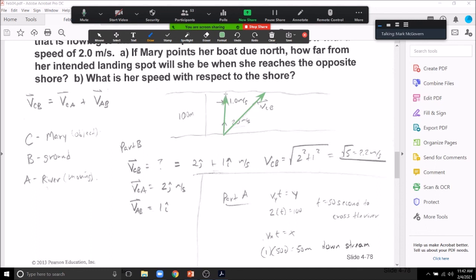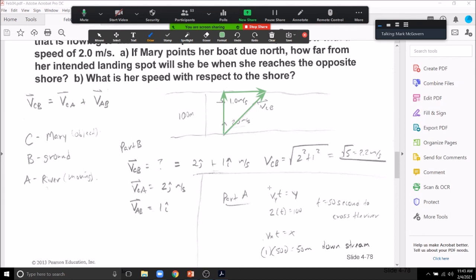There is this component, which is what Mary can do with her boat. Switch that, reverse it. Okay. And then moving to the right is what the river's doing. So you have to break this into components to figure out how long it's going to take.